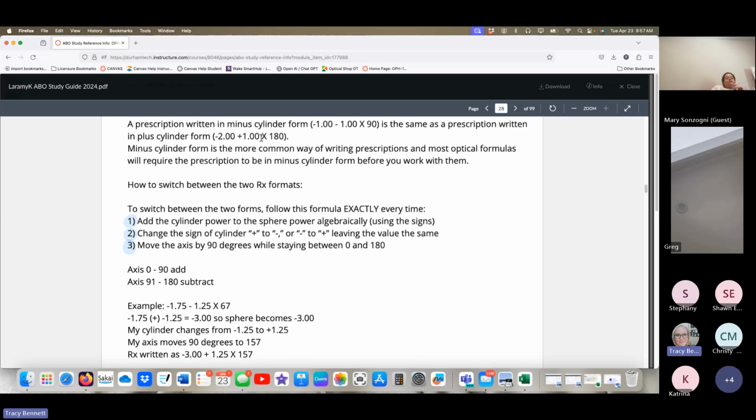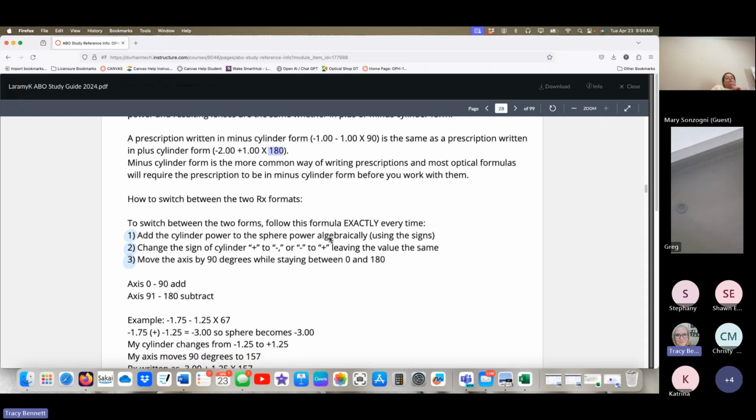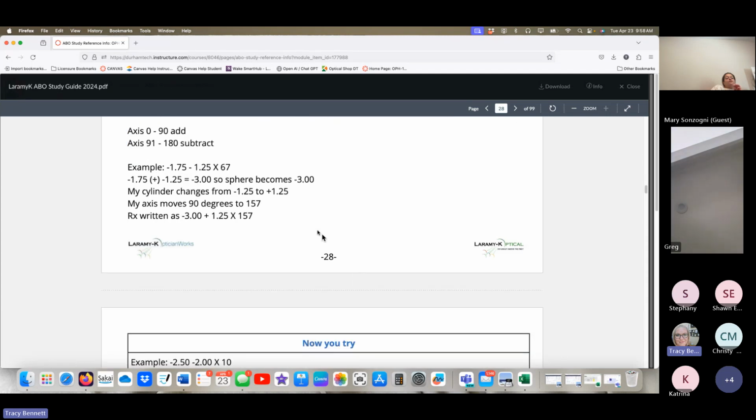You add the 2 meridians together here, so -1 and -1 gives us -2 for our new sphere. Then change the sign of that cylinder, the number stays the same, and then change the axis by 90 degrees, making sure you stay within 0 to 180.